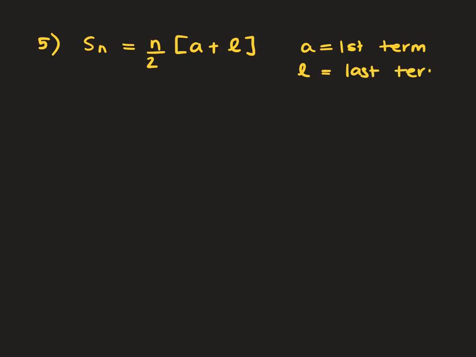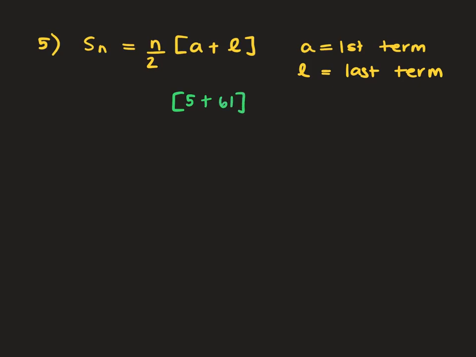So this summing formula for an arithmetic series, you can use if you've been given the first and last term, as we have been in this question. This question says that the first term is 5 and the last term is 61.